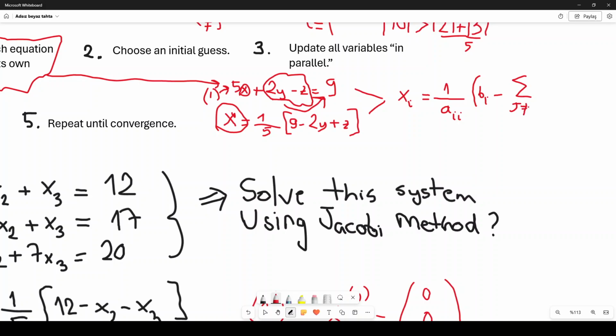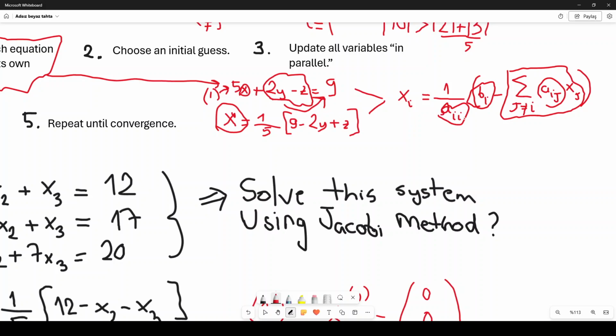We move everything to the right hand side besides itself, so I can write aij times xj, where xj represents the other unknown variables which move to the right, and aij's are their coefficients. So in this case 2y and minus z correspond to this summation, 9 corresponds to bi, and aii corresponds to 5 in our example.